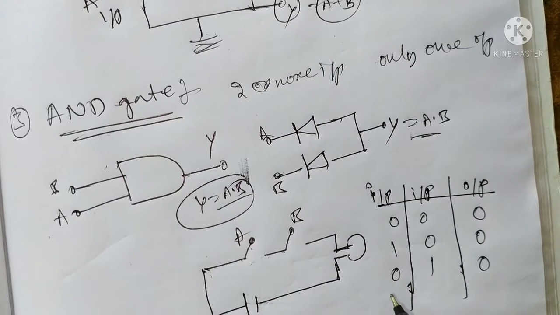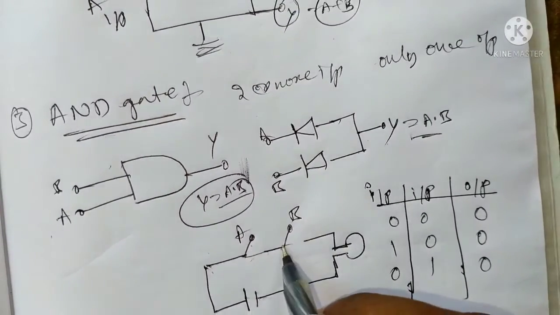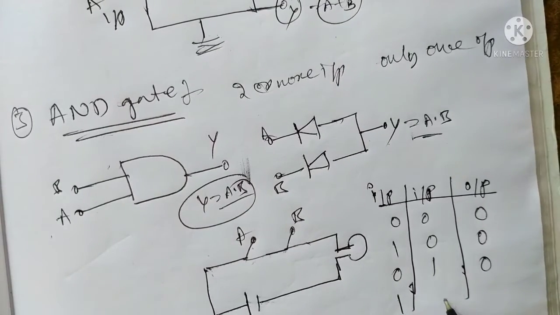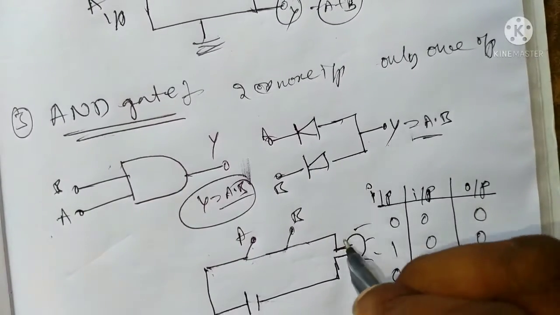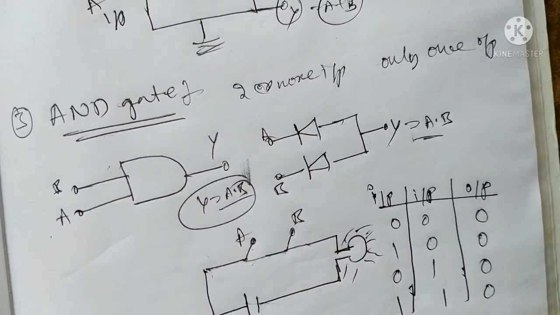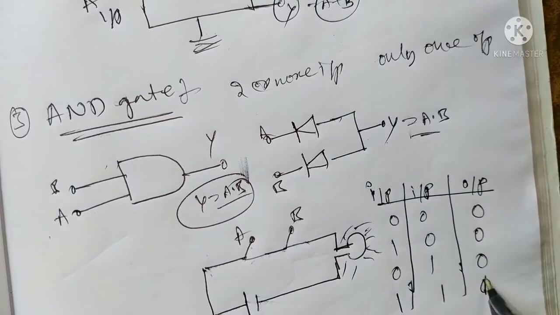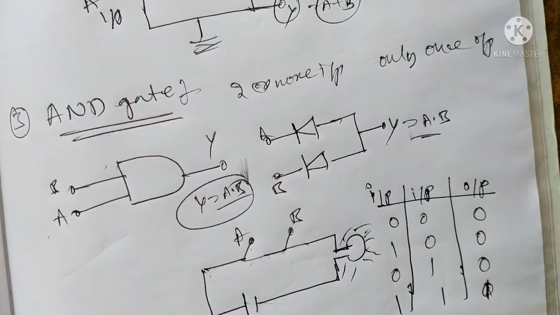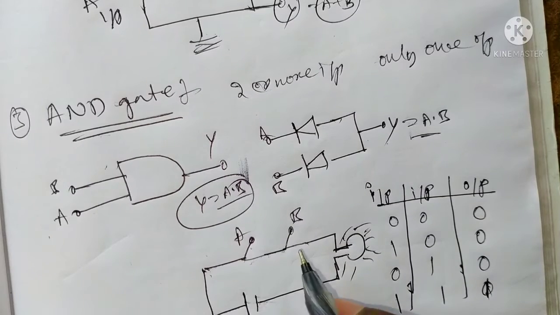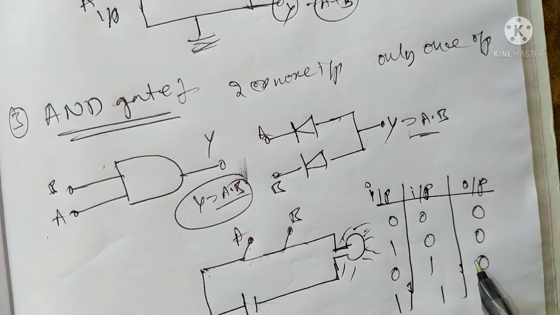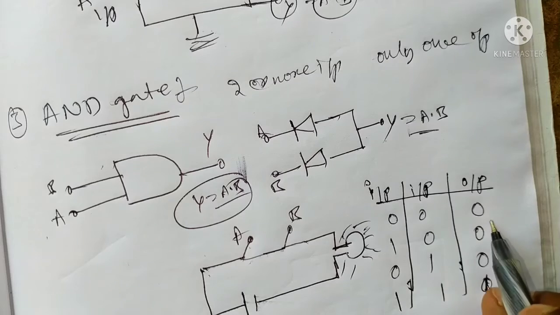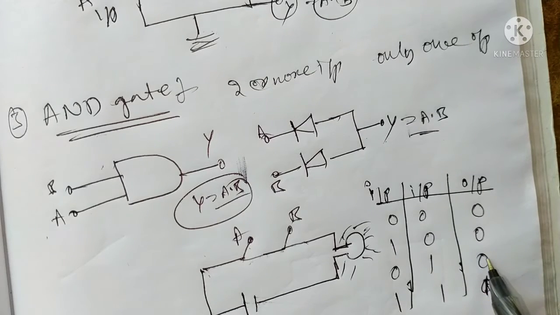When A is on and B is on, current is coming, the light comes on, and the output is high. Only when both A and B are high is the output high. All the remaining cases are off, or 0.